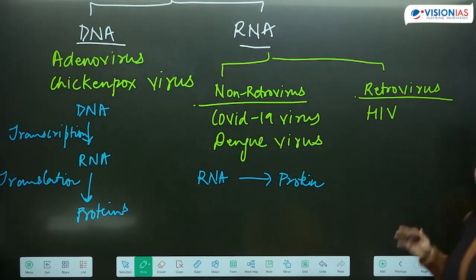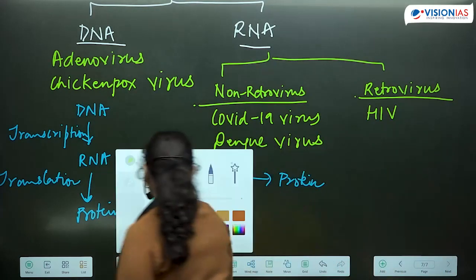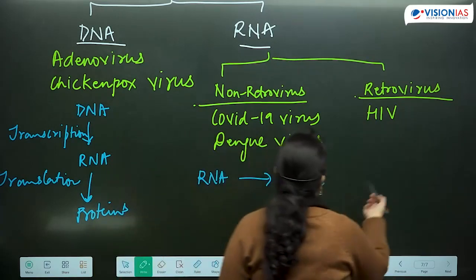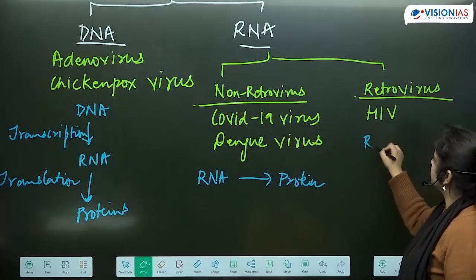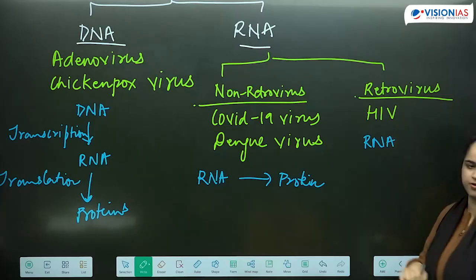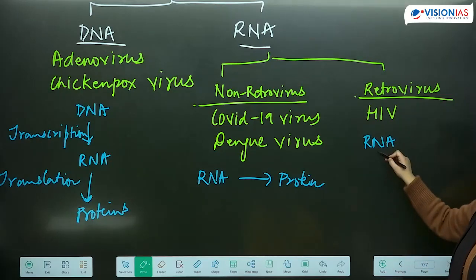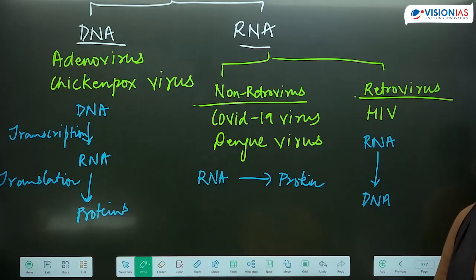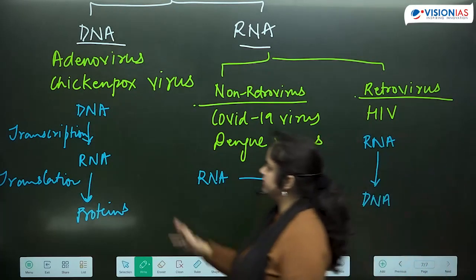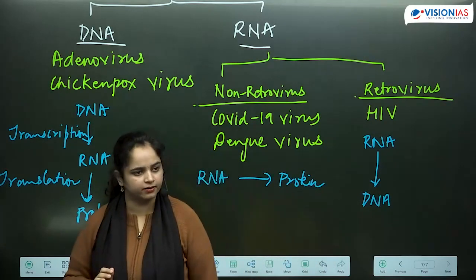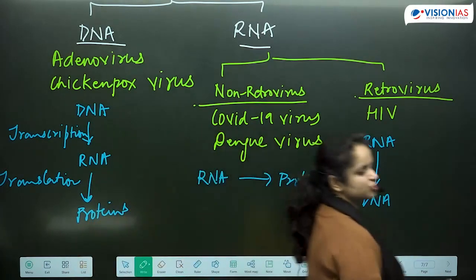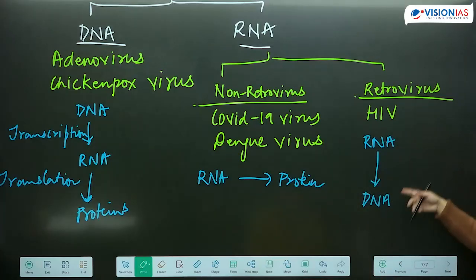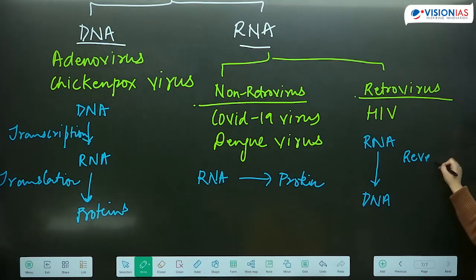And what this virus does is, of course it is an RNA virus, so its genetic material is in the form of RNA, but it forms DNA. In a normal case, DNA is supposed to form RNA. But यहाँ पे exceptionally what is happening is RNA is changing to DNA. This is the ulta process, so we are calling this reverse transcription.